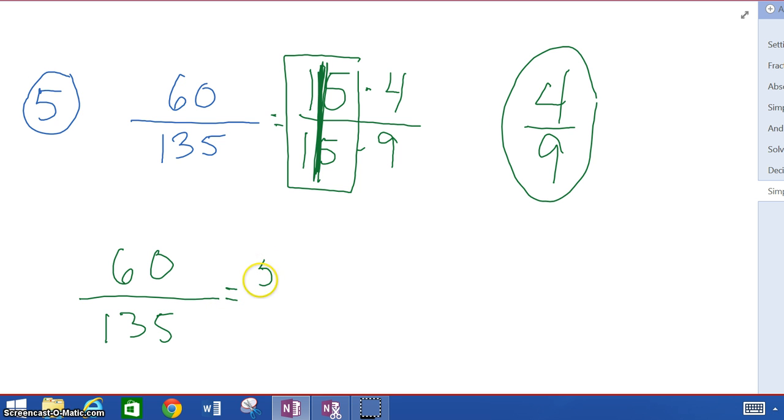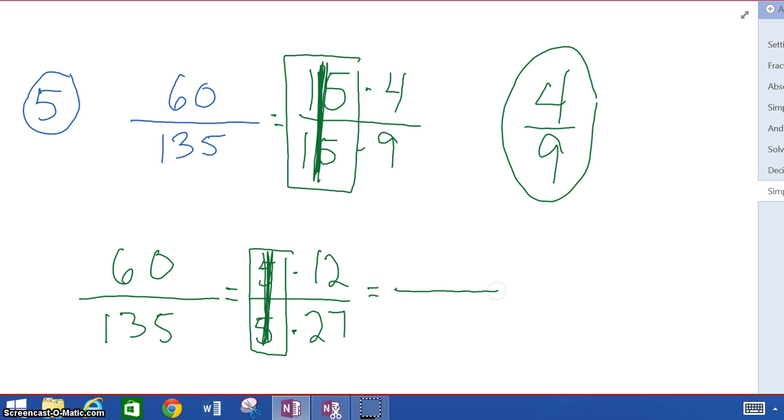You can break this up by 5s if you want. 5 goes into 135 27 times. So reduce the 5s. Now, what's a number that can divide both 12 and 27? What's a common factor for those two? Hopefully you're thinking of the number 3. You could look at the factors of 12, right? We could say 2 and 6. Can I write 27 as 2 multiplied by something?